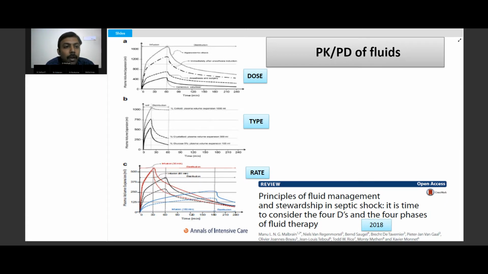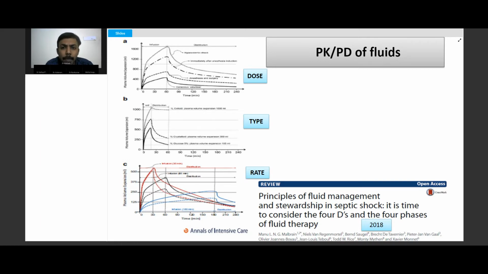After giving 2 liters, almost 1.6 liters is retained, whereas in post-anesthesia induction, only 1.3 liters was retained, and in healthy volunteers, hardly 500 ml was retained. So in hypovolemic and shock states, we tend to retain more fluid in the intravascular space, which is good.